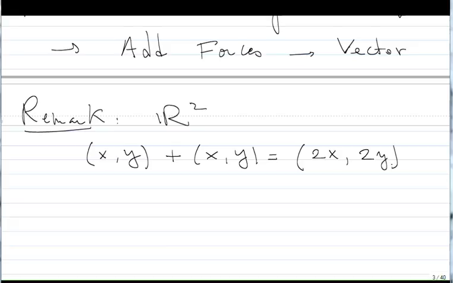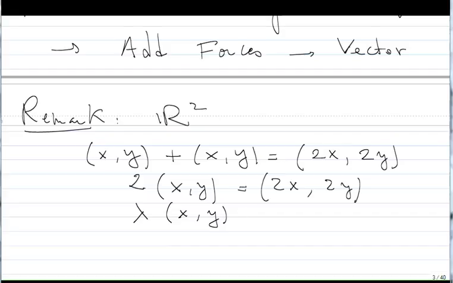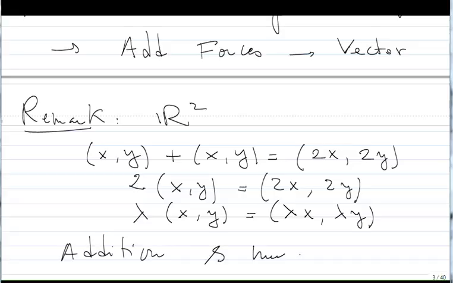And this suggests the following: 2 times (x, y) is equal to (2x, 2y). So from the addition, we come up with a new operation, which is to multiply each element by a number, given by (lambda x, lambda y). So in a very natural way, we have addition, and now we have multiplication by a number.